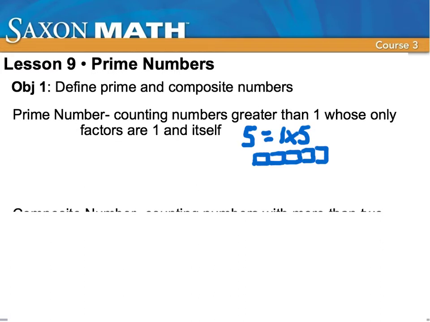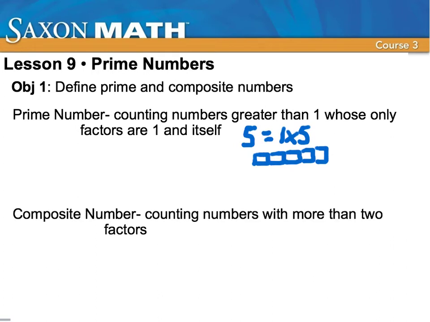But there's no other way I can make a rectangle with 5 blocks. If I try to arrange it so that there's 2 blocks on top and 3 on bottom, that's not a rectangle. Or if I went with 1 block on top and 4 on bottom, that's not a rectangle. So the only way that I can make a rectangle with 5 blocks is a 1 by 5. So that's an example of a prime number. It's only got 2 factors, 1 and itself.